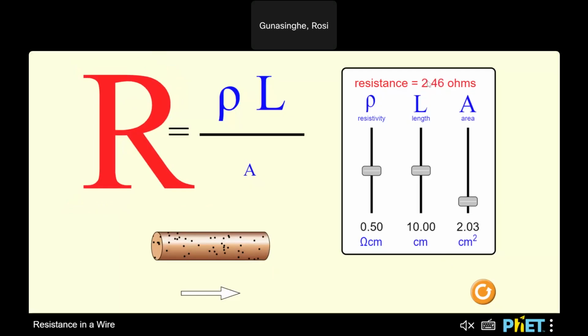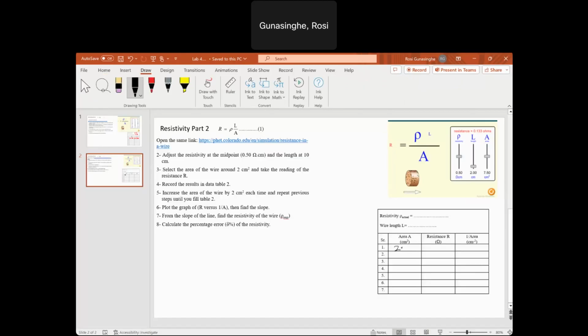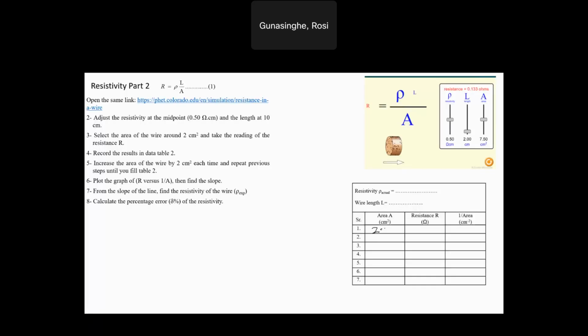You can see that my resistance is 2.46. So I'm going to record this, 2.46. That is the resistance.